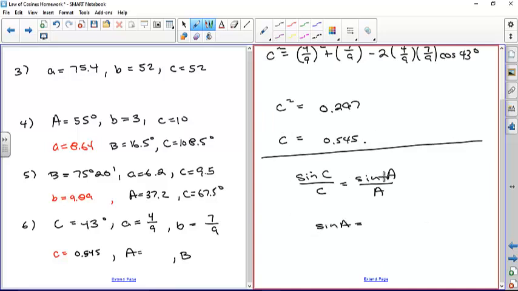So the sine of A is going to be equal to the sine of C times A divided by C. So I have the sine of 43 degrees times 4/9 divided by 0.545.